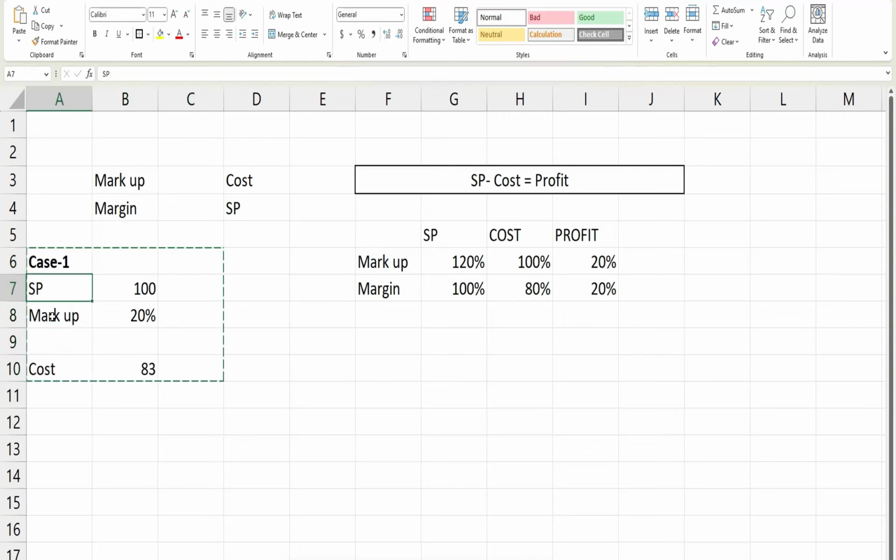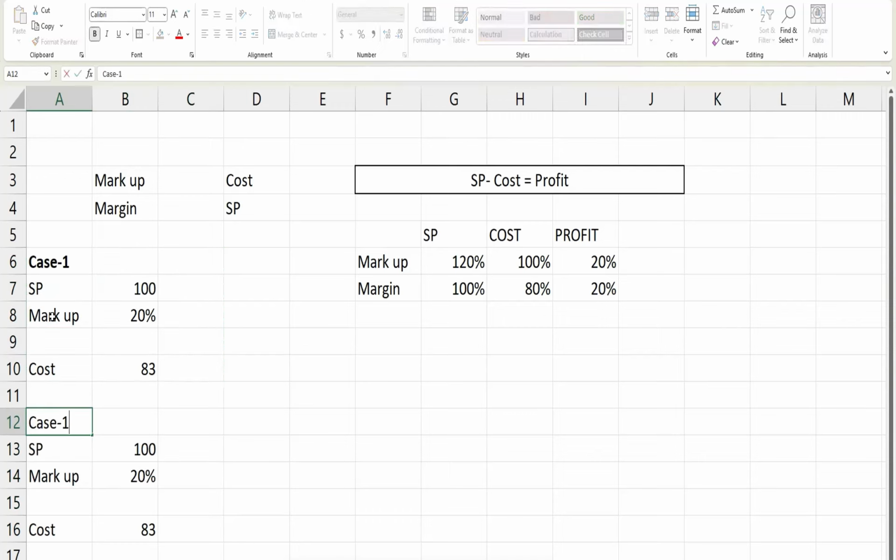But in case your margin is given, suppose, so in that case, how will you calculate the cost? This is the selling price, and in case of margin the selling price is 100%, right? So we will divide by 100%. But what we need to calculate is the cost, and the cost value is 80%.